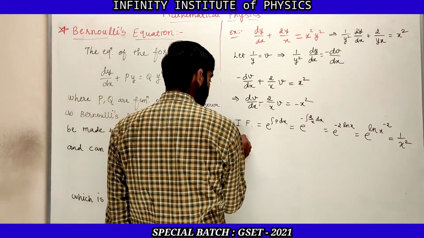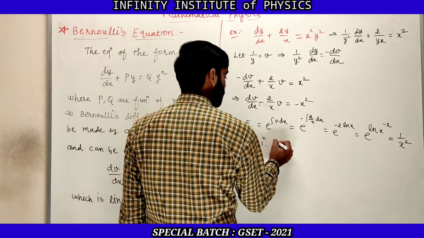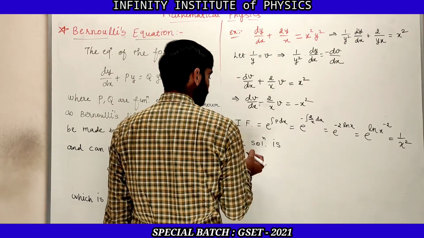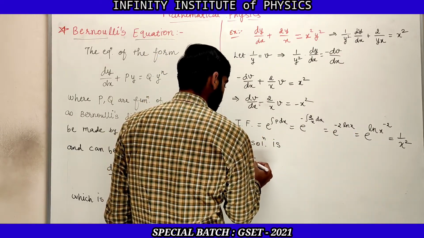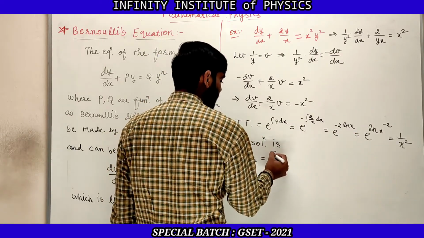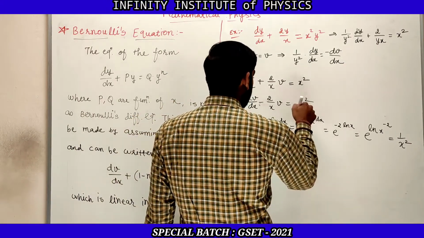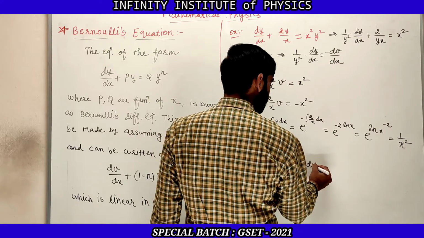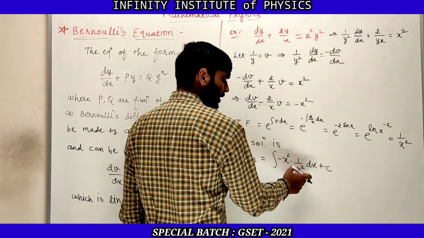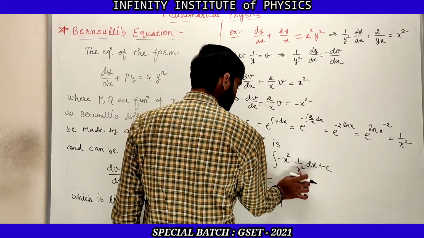So the solution is v into the integrating factor, that is 1 by x square, which is equal to integration of q, that is minus x square, into the integrating factor, that is 1 by x square, dx plus c. x square will cancel out, integration of minus 1 is only x.